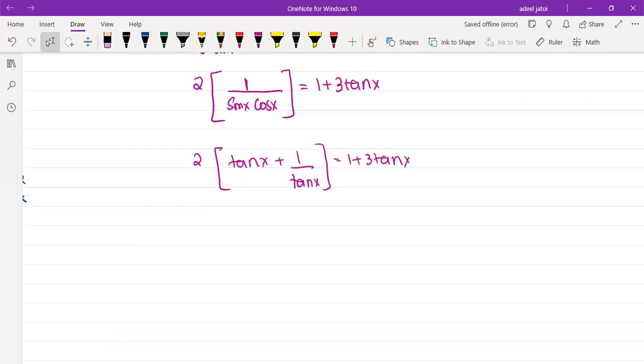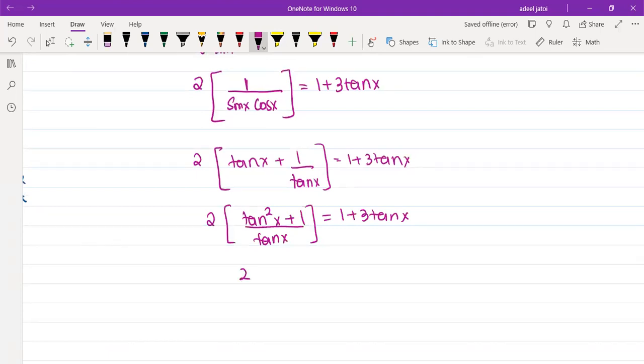Moving on with the solution, this would be 2. Taking down the LCM, this would be tan square x plus 1 upon tan x is equal to 1 plus 3 tan x. 2 tan square x plus 2 is equal to tan x plus 3 tan square x.